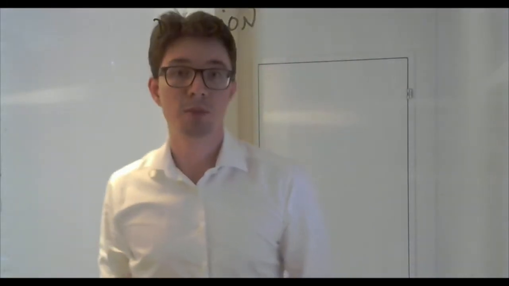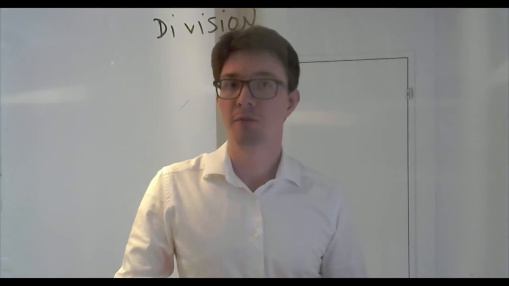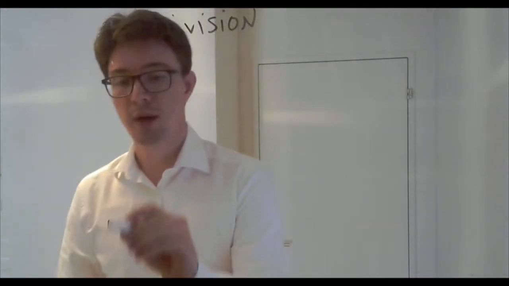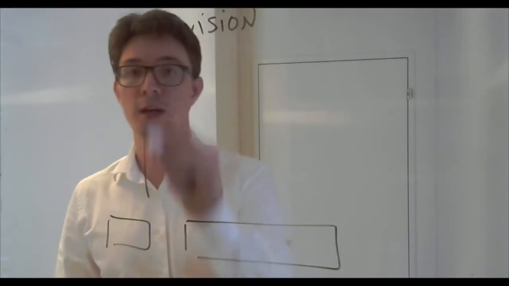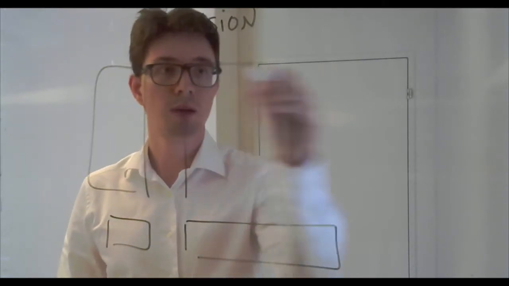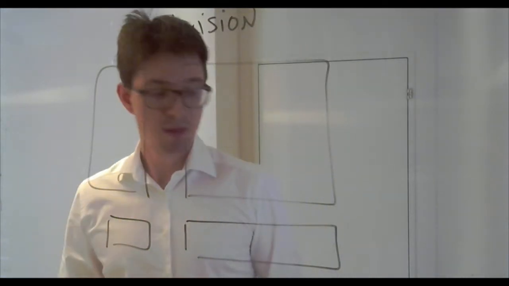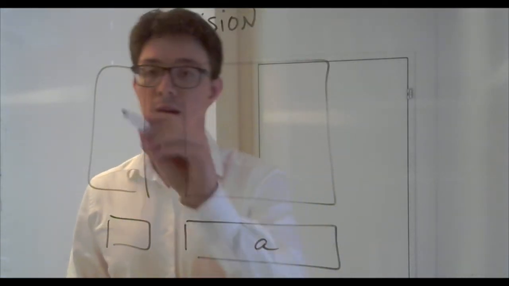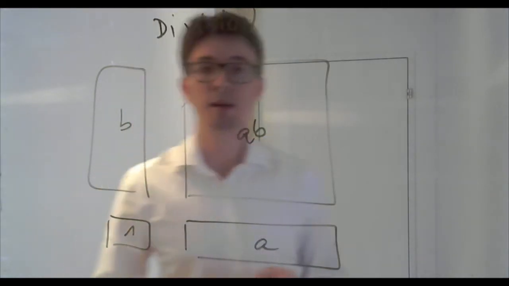And just as for multiplication, we have a few algebraic laws for division, and the first ones I want to illustrate in a generic multiplication table like this. And you might remember that we started this by putting a here and b here, and this is 1, and then this is the product a times b.